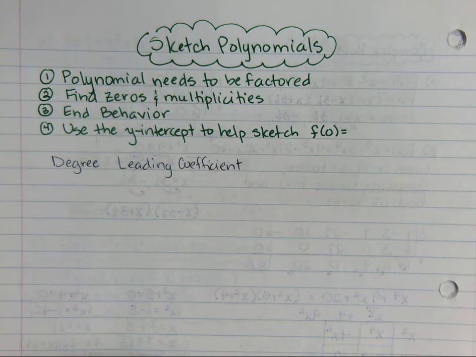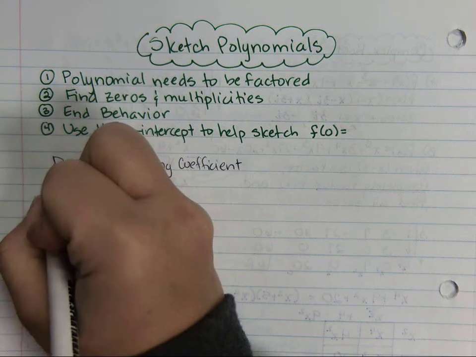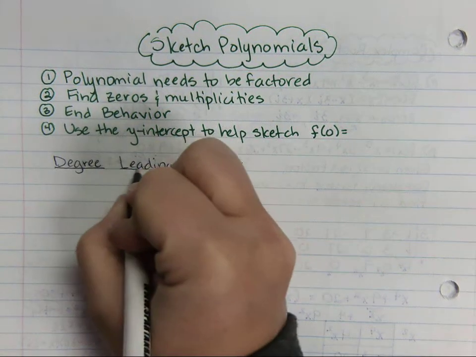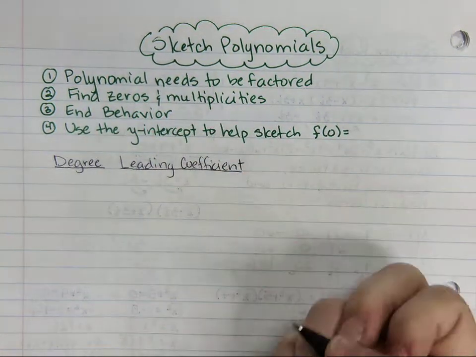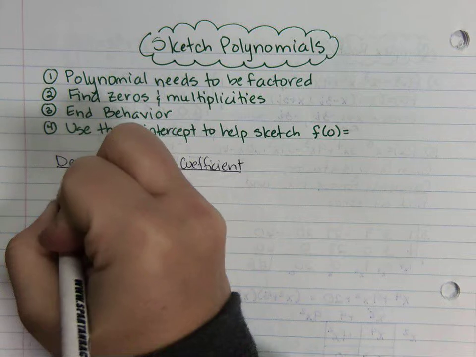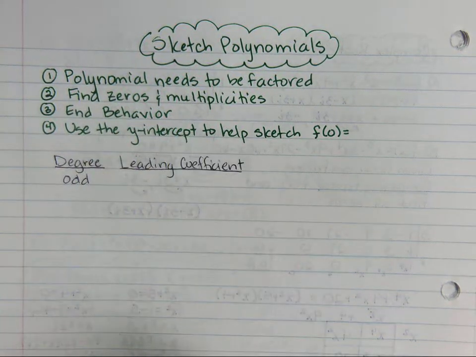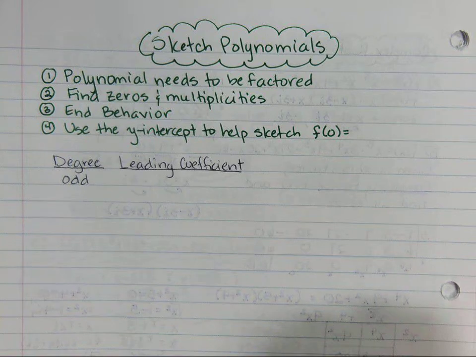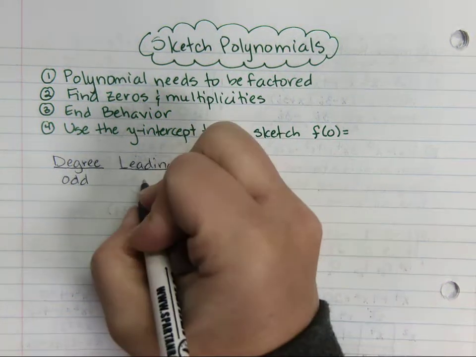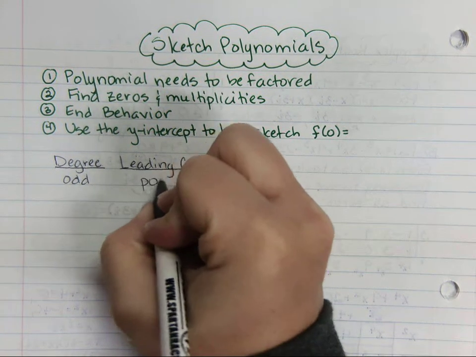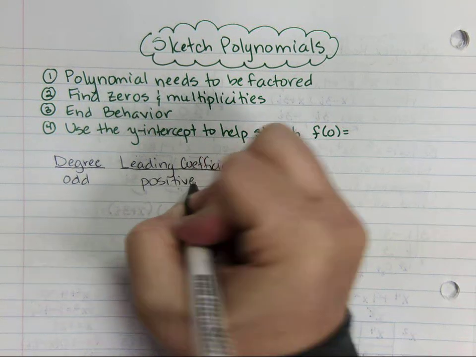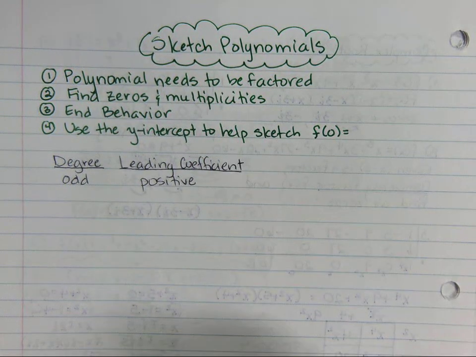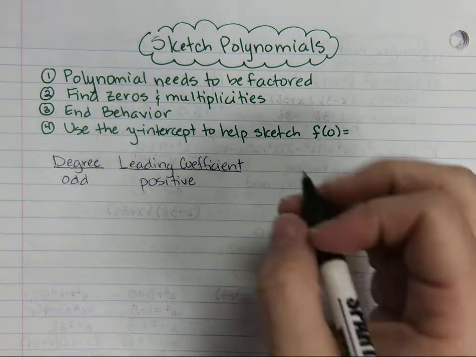If the degree of the polynomial is odd, so any odd number, 1, 3, 5, etc., and the leading coefficient is positive, then the ends of our graph move in opposite directions.